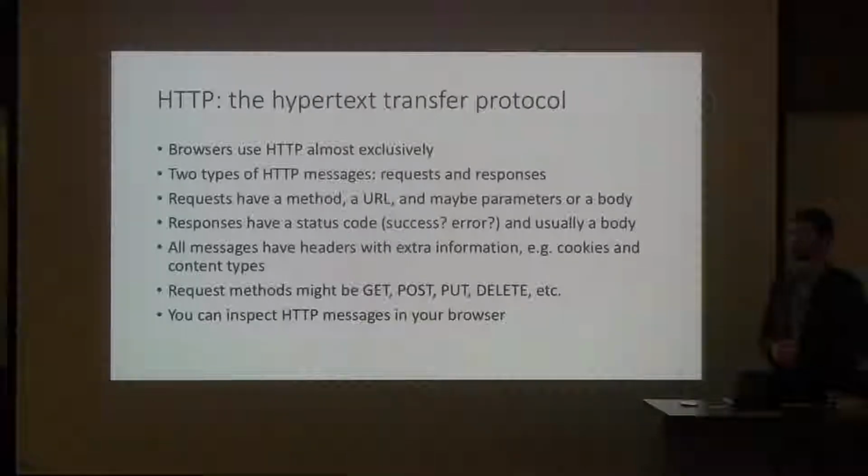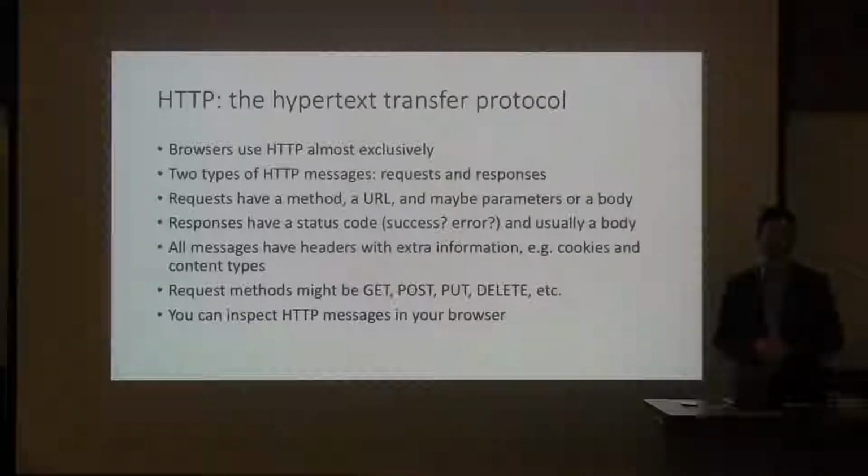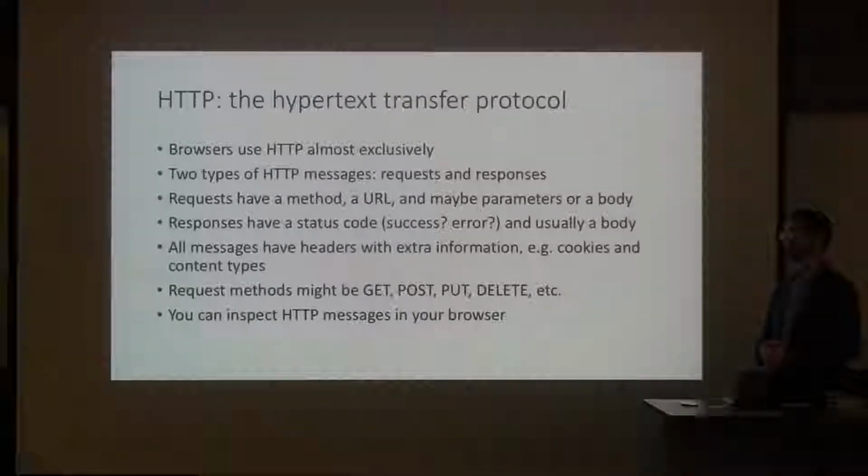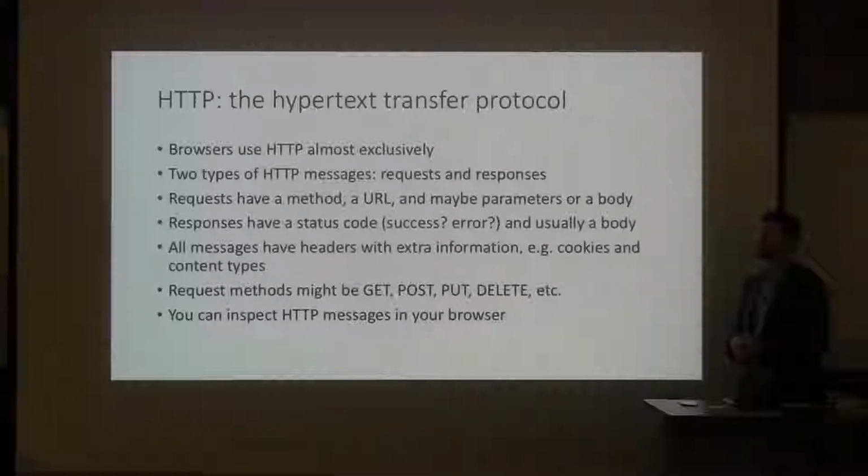So this originated as part of the web, and browsers, in fact, use HTTP almost exclusively. There are different types of interactions and protocols that browsers understand, but for the most part, most of what they're doing is HTTP only. HTTP or the secure variant, HTTPS, of course.